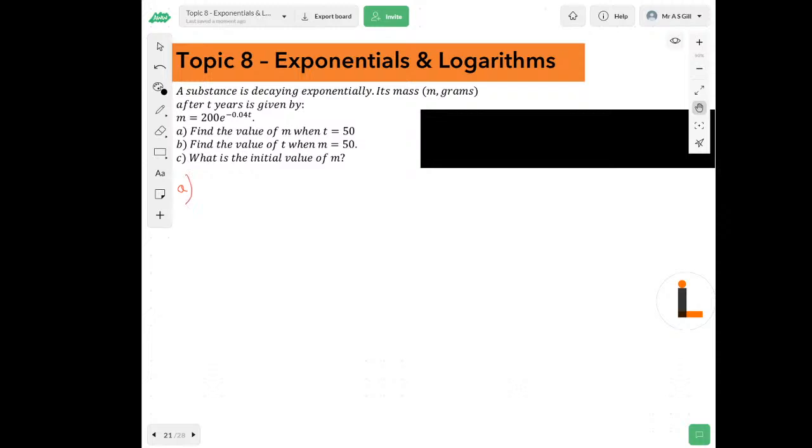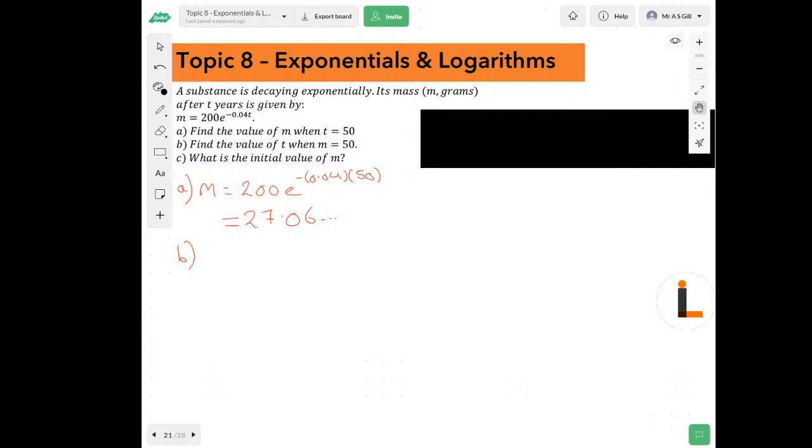Part A, fairly straightforward, it's just a substitution. So it's just a matter of typing this into a calculator. We should get 27.06..., again rounding to an appropriate value.